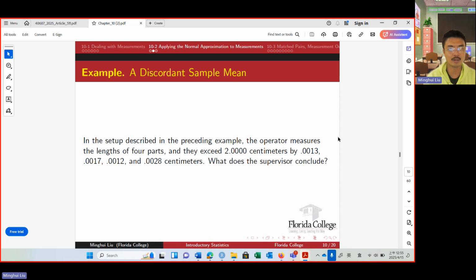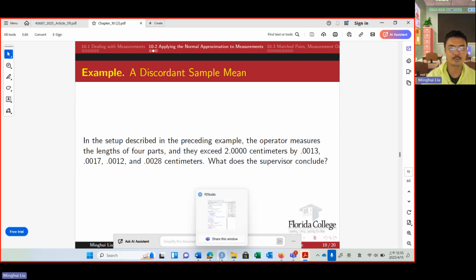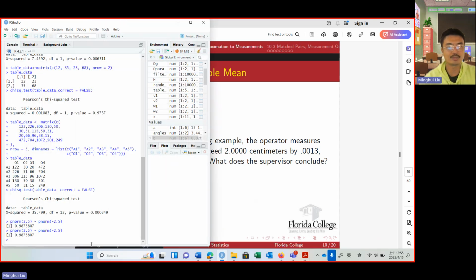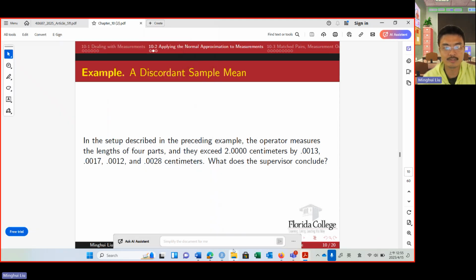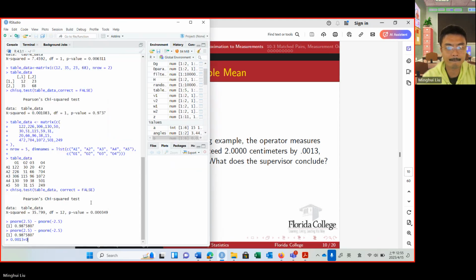In the setup described, same as above, if the operator measures lengths and they exceed 2 by 0.0013, 0.0017, 0.0012, and 0.0028, we can add these four numbers: 0.0013 plus 0.0017 plus 0.0012 plus 0.0028.